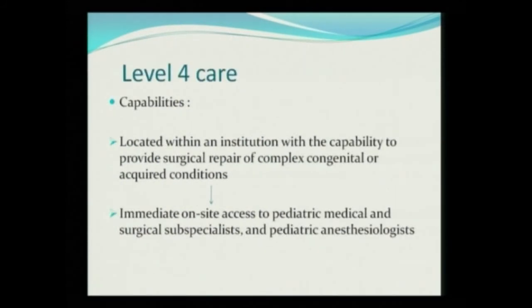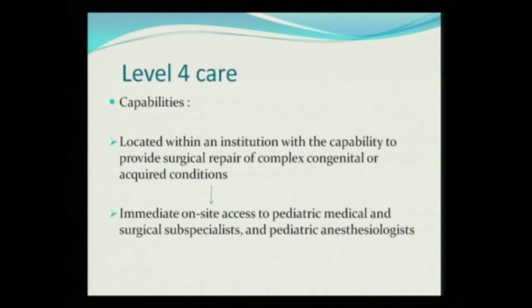So lastly, I will come to the level 4 care. Level 4 care is like a regional NICU located in an institution which is able to provide comprehensive, complex congenital surgical conditions, which can be acquired also.